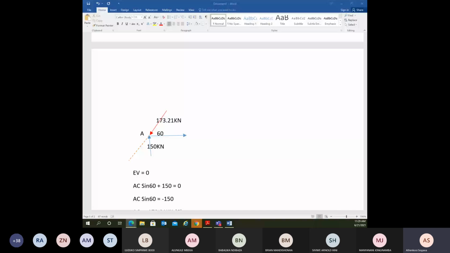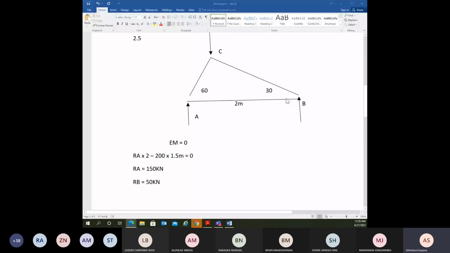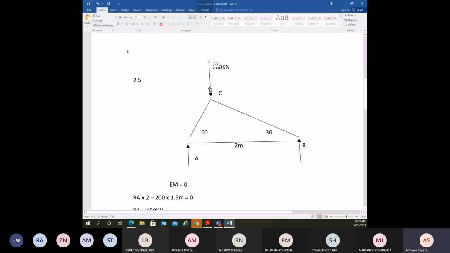That means we know this truss member is 86.61. Then for you to determine this one, you have two options. You can come and stand here and resolve it, or you can come and stand at B and resolve it, because there is only one unknown. Standing at B.